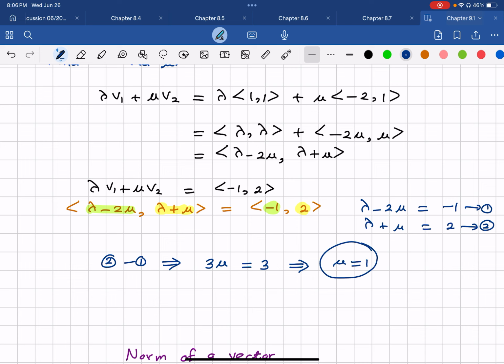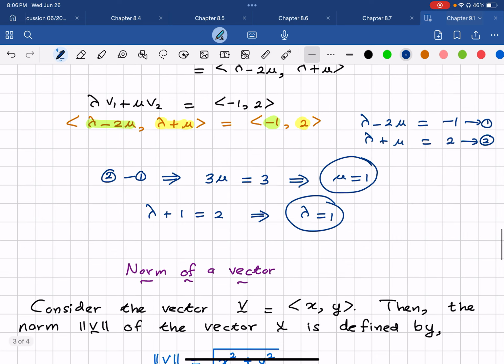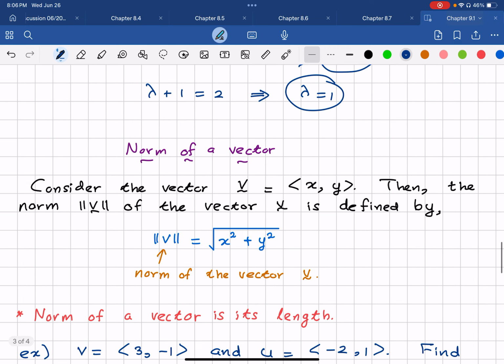Okay, right, now I know the value of mu, so I would use either of these two equations to find the value of lambda. So lambda plus mu, that is equal to 1, equals 2. This would give me the value of lambda equals 1.